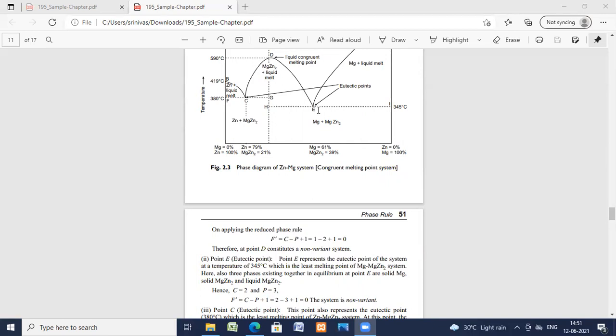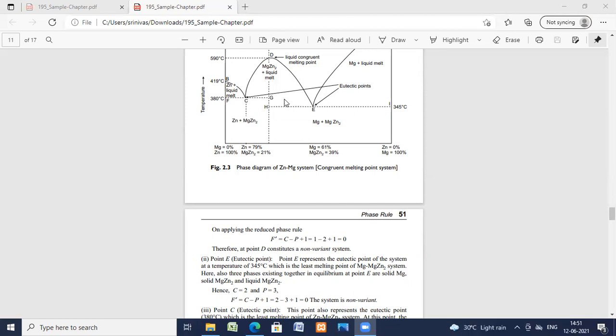The system is invariant. Now, as we have discussed, three phases are in equilibrium. Magnesium and zinc. Here, magnesium is in equilibrium, and here Zn is in equilibrium. So at point E, Mg is in equilibrium with MgZn2, which is in equilibrium with solution.